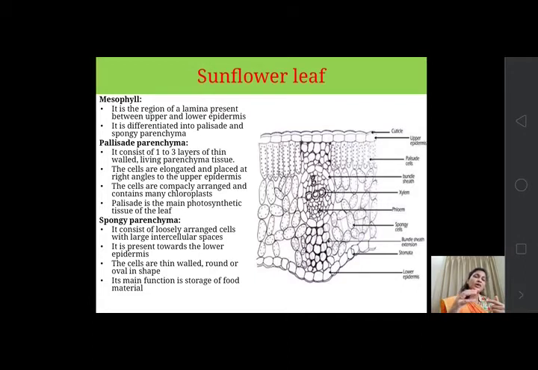Then the spongy tissue is present towards the lower epidermis, loosely arranged, showing large intercellular spaces, and thin walled. The palisade tissues are mainly photosynthetic, and the spongy tissues are mainly for storage of food. Okay, so this is the mesophyll tissue.